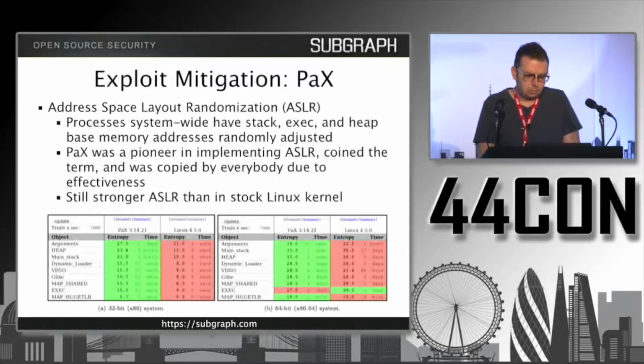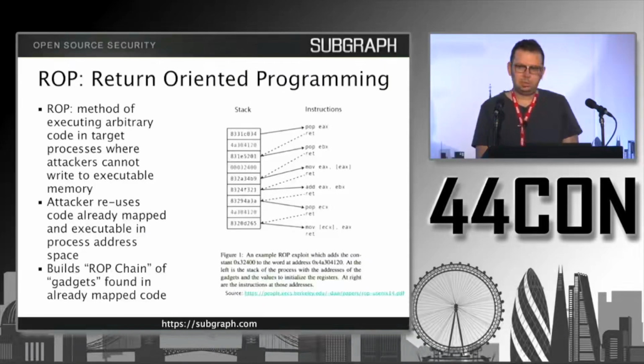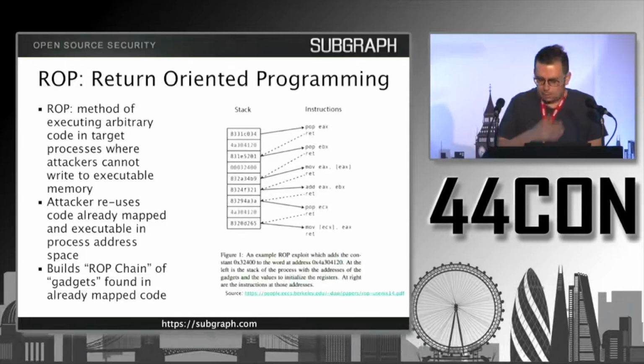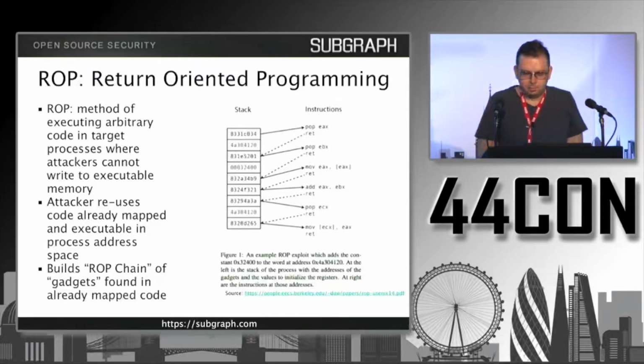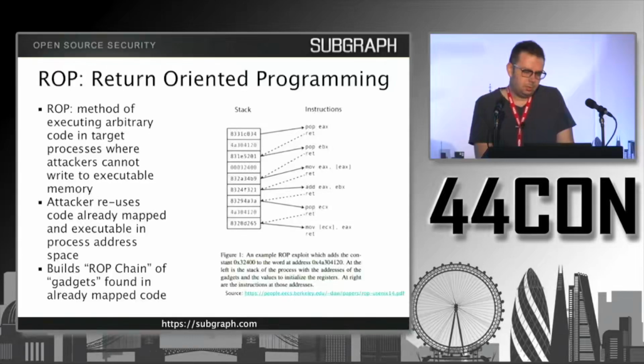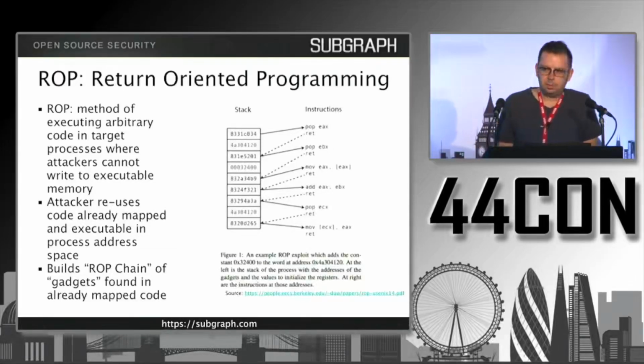To address ROP, the grsecurity team released a public demo version of the Linux kernel patched to be compiled with RAP. RAP is a control flow integrity system that prevents ROP chains from being constructible, really, by doing forward and backward validation on returns and function pointers being called.